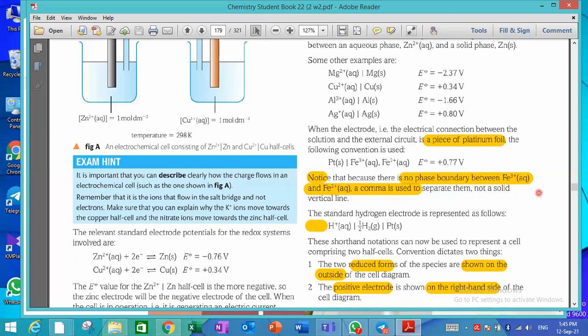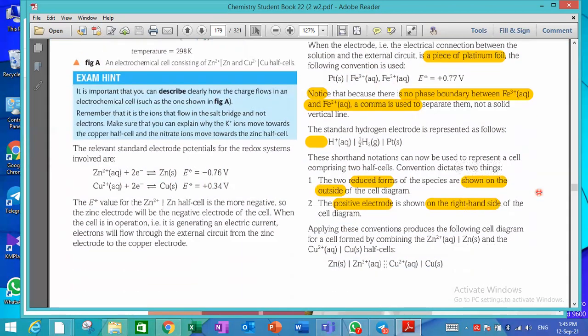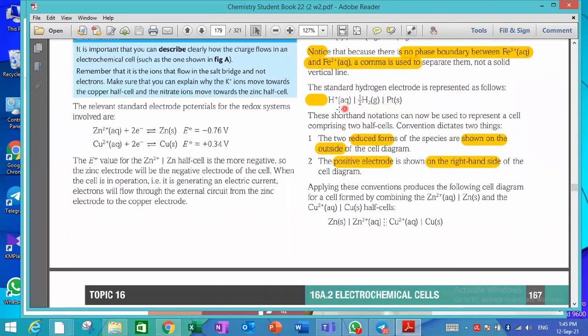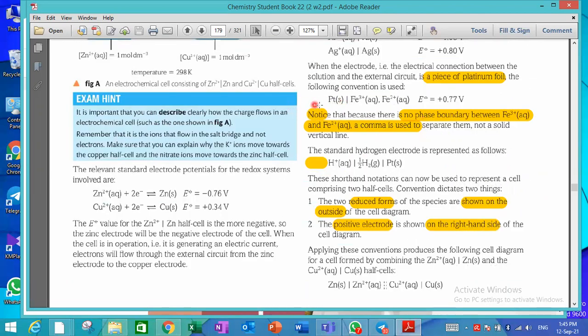Now, for the standard hydrogen electrode, we write hydrogen ions aqueous, then this phase boundary, half hydrogen gas, and then we write the platinum. This is opposite to what we did here. In the half cell using iron plus 3 and iron plus 2, we wrote the platinum first.